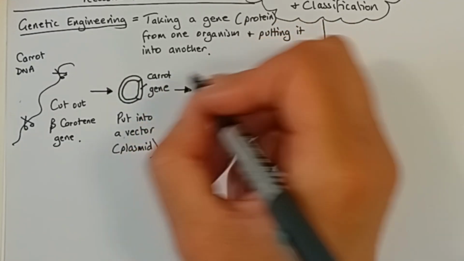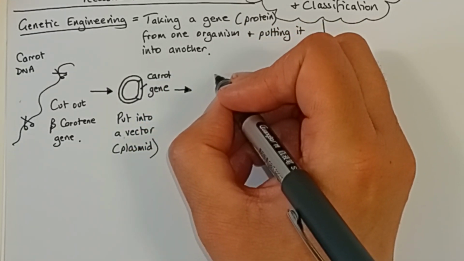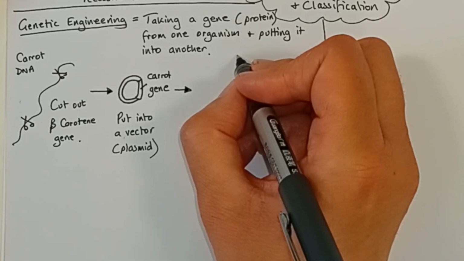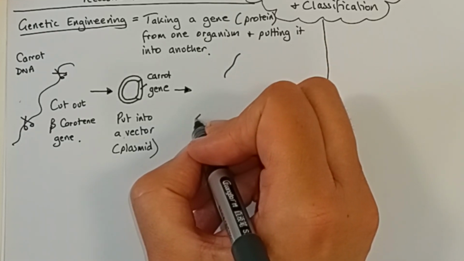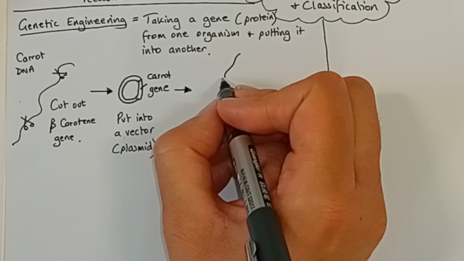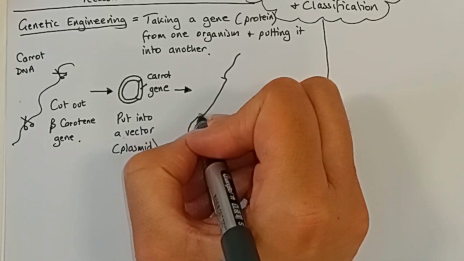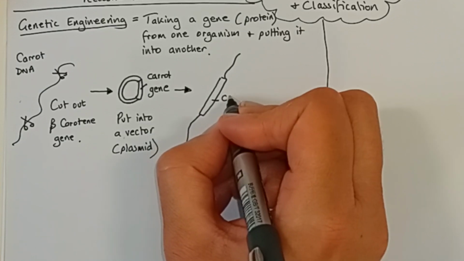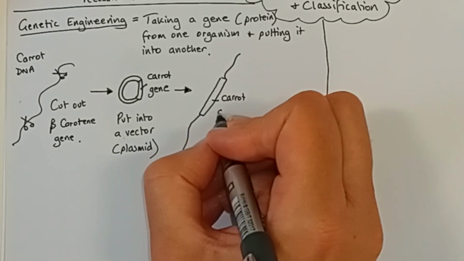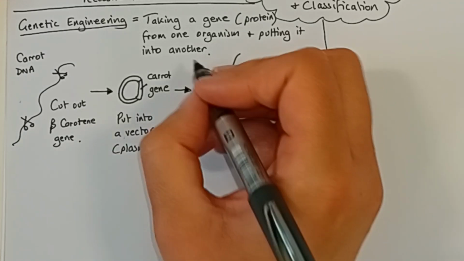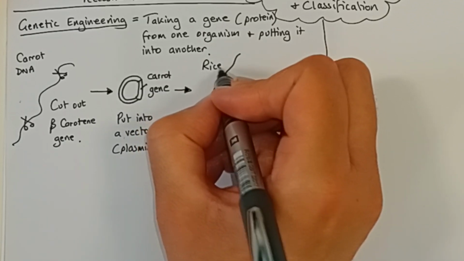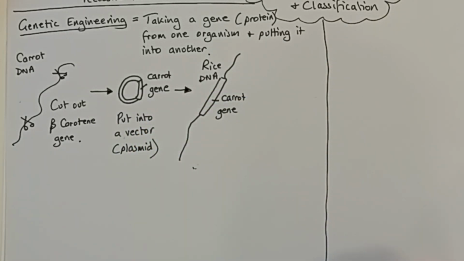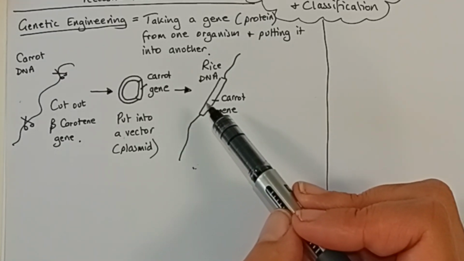And so we can use that plasmid to get the carrot gene into a rice cell, and therefore into the rice DNA. So here's a section of rice DNA, and we're going to stick the carrot gene into the middle. So we do it to a single cell, and then we grow a rice plant from that single cell.